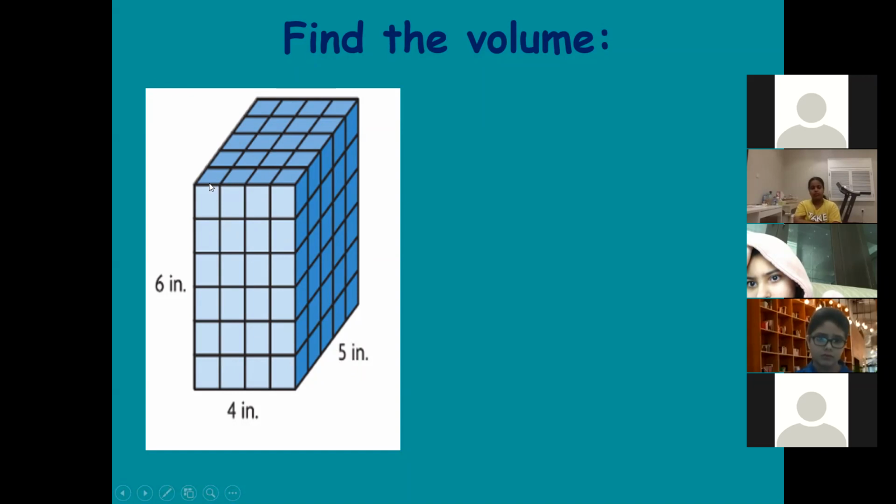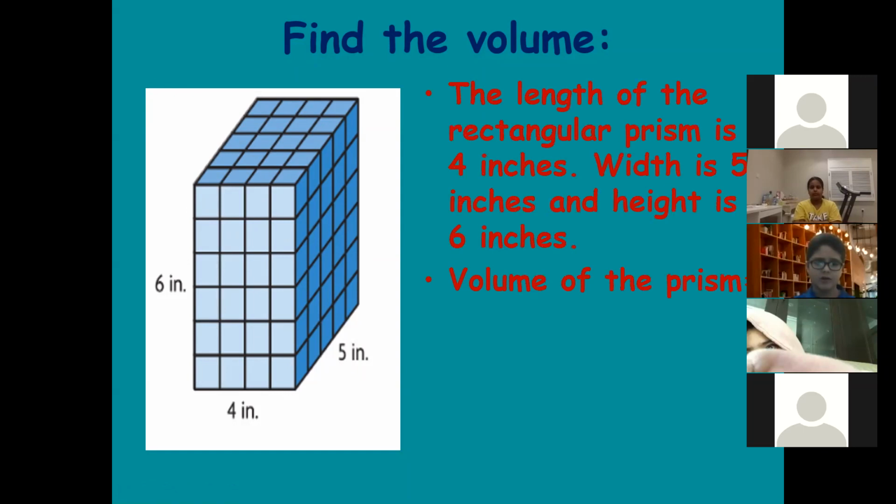And the height? 6. Okay, so how will you find the volume? Multiply 4 times 5, which is 20. 20 times 6. What is the answer? 120 cubic inches.